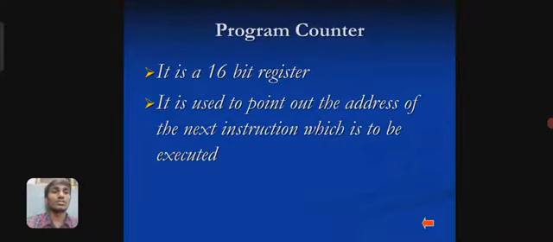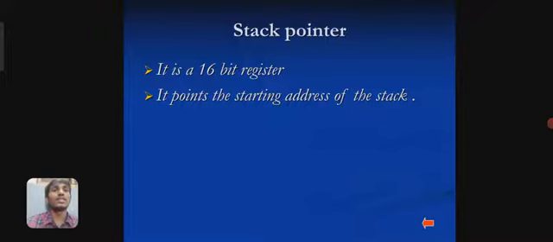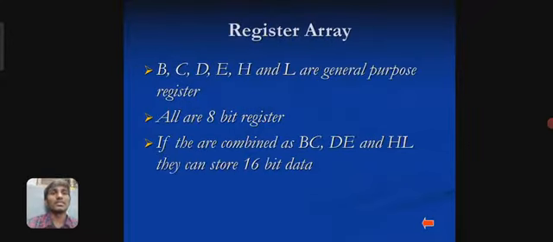The program counter is a 16-bit register used to point out the address of the next instruction to be executed. The stack pointer is a 16-bit register that points to the starting address of the stack. B, C, D, E, H and L are general purpose registers, all 8-bit registers. If combined as BC, DE and HL, they can hold 16-bit data.